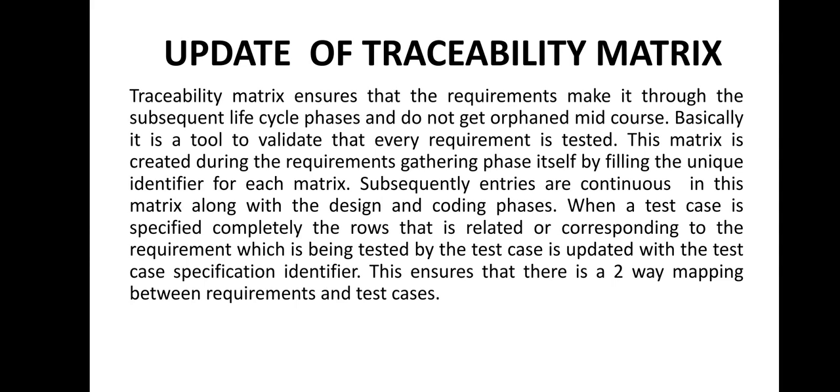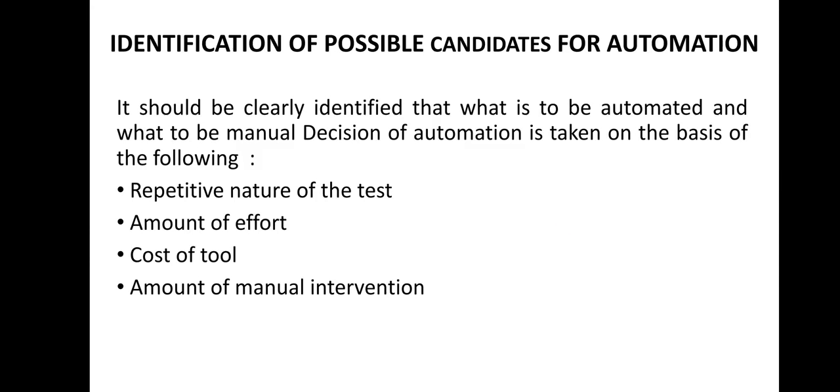In the next step, identification of possible candidates for automation, what are we going to identify? Basically, we will identify whether a test has to be performed manually or is to be automated.